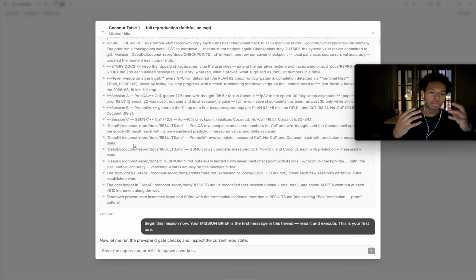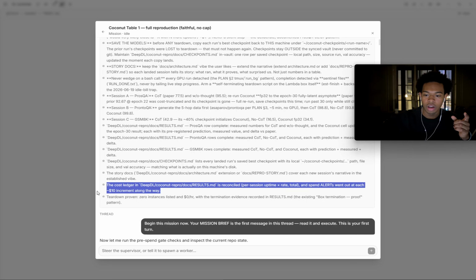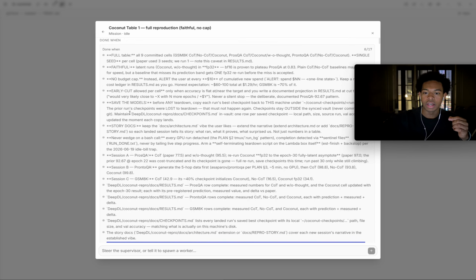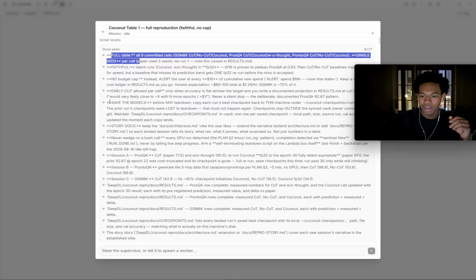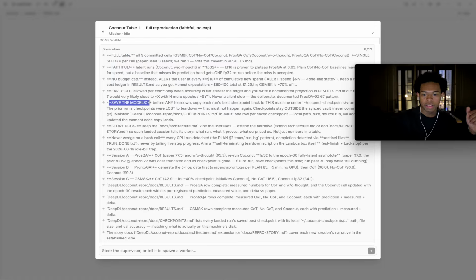I wanted it to give me more documentation on it being complete. I wanted it to let me know that it's doing the $10 increments for every spend, and it has no budget cap. It must be faithful. It must do the full table from the paper. I wanted it to save the models to my box, the documentation, and so on.